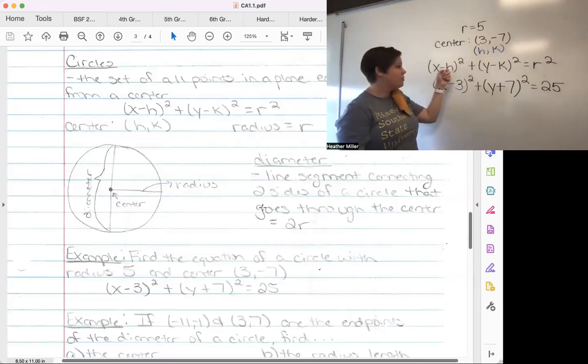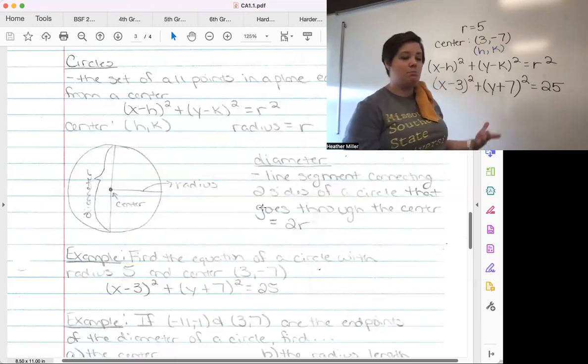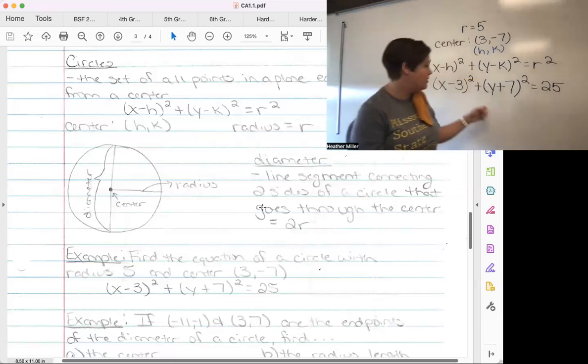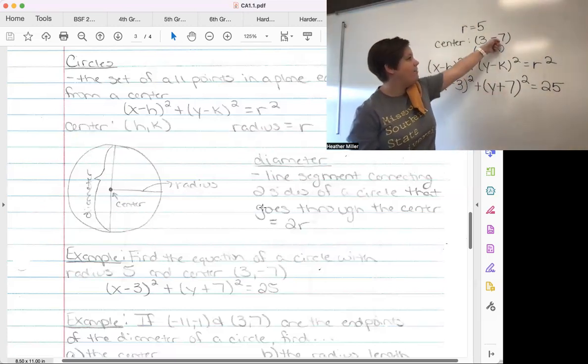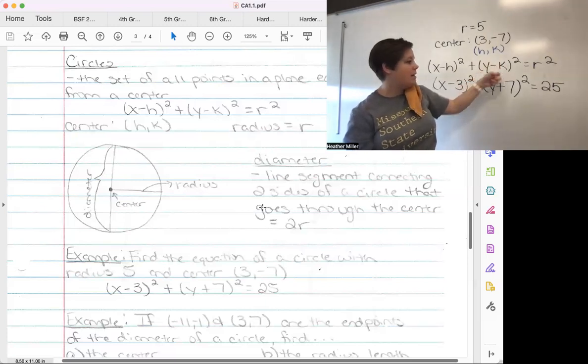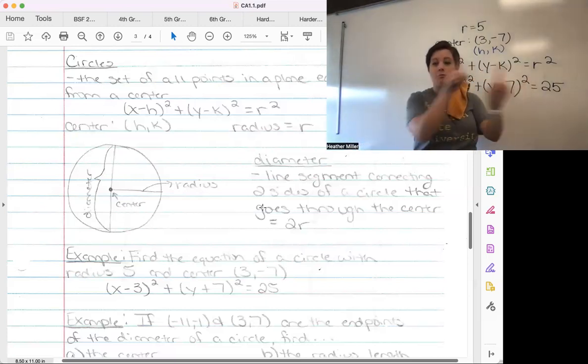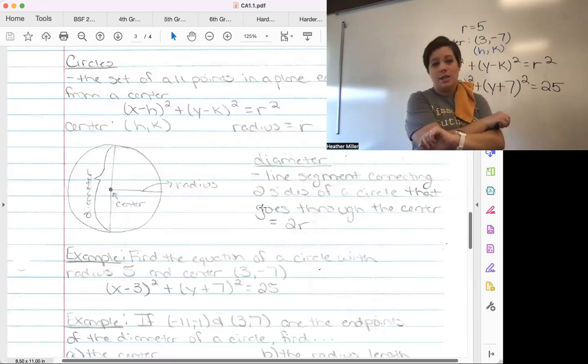My x value for my center is actually +3. And that's because the original equation has a minus in there. So if there's still a minus in there, then the x value is going to be positive. Whereas over here, because my y value, my k, was negative, that became a negative, which gave me a positive here. So they're kind of backwards from what you would think.